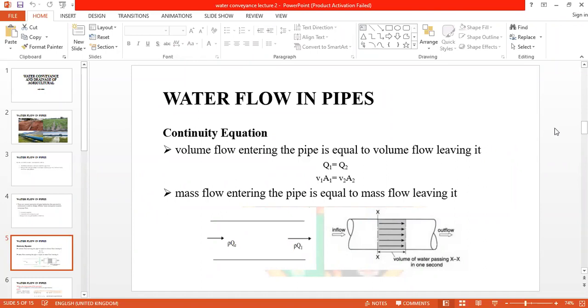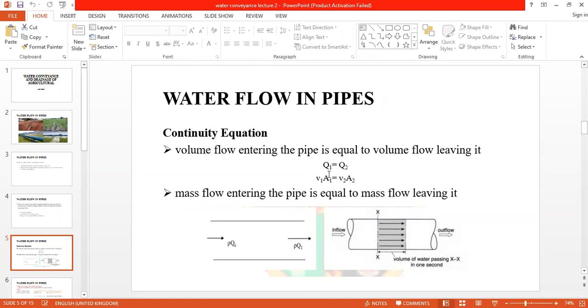To put it in equation form, we can say that the discharge, which we depict with Q, at point 1 should be equal to the discharge at point 2.